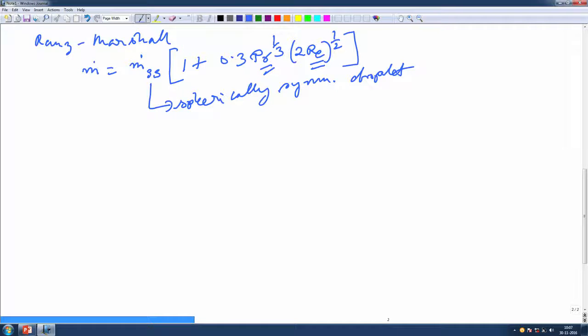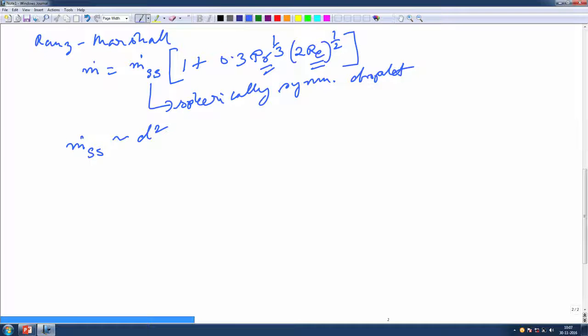As a rule of thumb, can you see certain interesting features coming out of this particular correlation? The first interesting feature is that we already prescribed through the d squared law and related things that m dot SS was a function of d square.